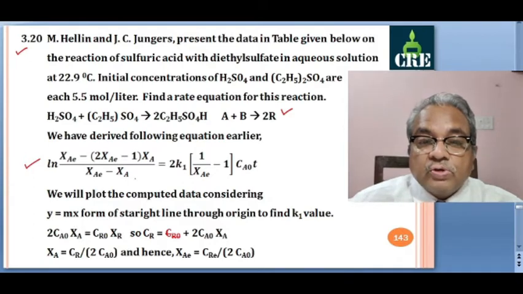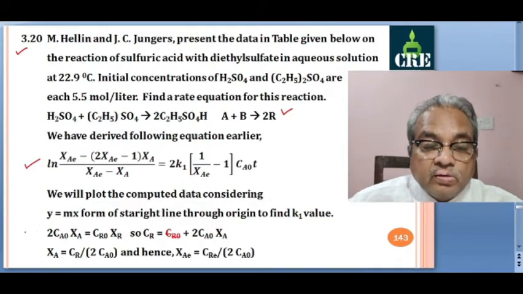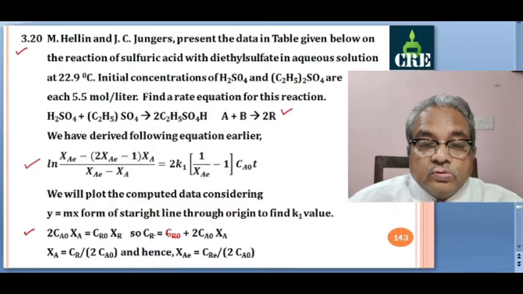Now here, from the stoichiometry we are clear that 2Ca0 XA is equal to Cr0 XR. So Cr can be written as Cr0 plus Cr0 XR, and Cr0 XR is 2Ca0 XA. Cr0 is 0, no R is present initially.